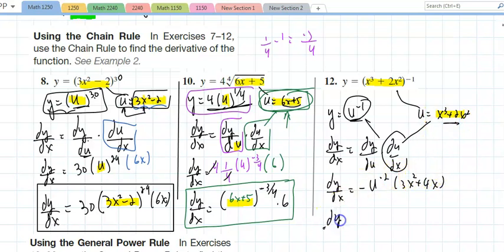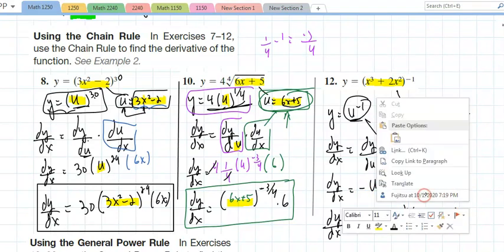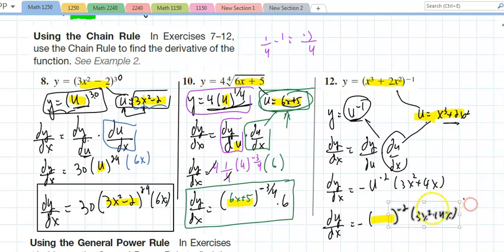And get rid of u, and there it is. And wasn't u x cubed plus 2x squared?